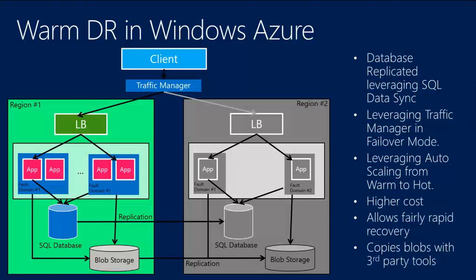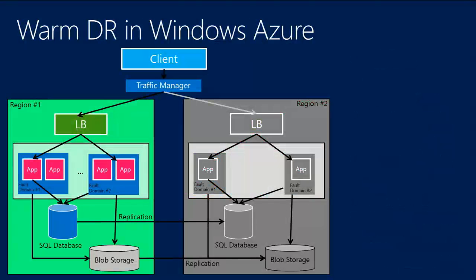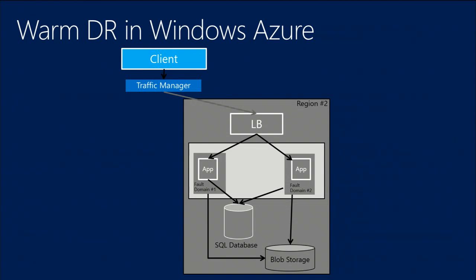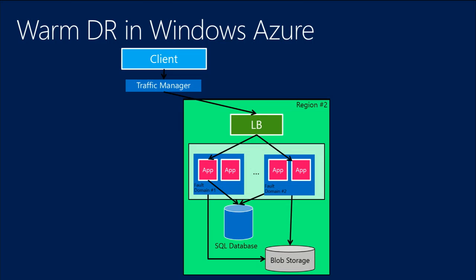And one of the important things here is that, for example, in this case, we have a second region, and this second region only has 2 instances. When we switch to the second one, check that it goes to more than 2. What do I need to do here?